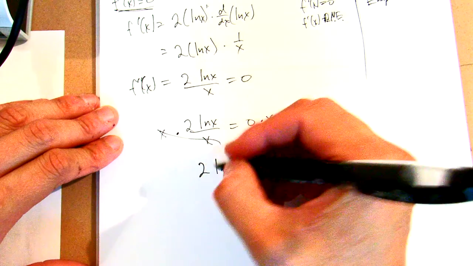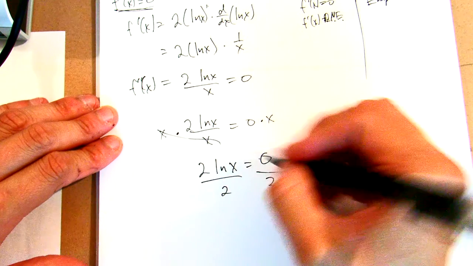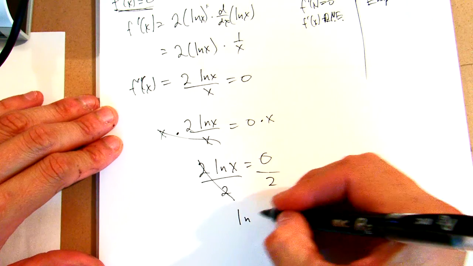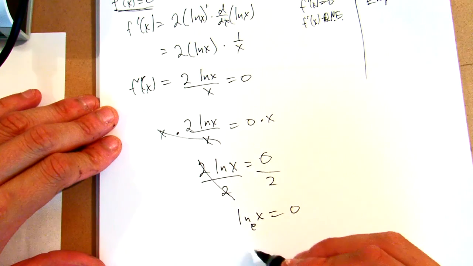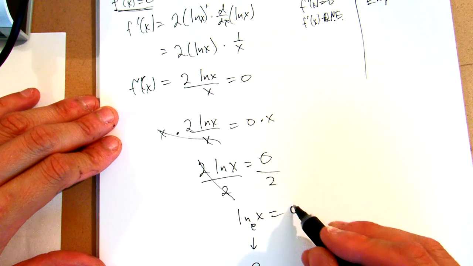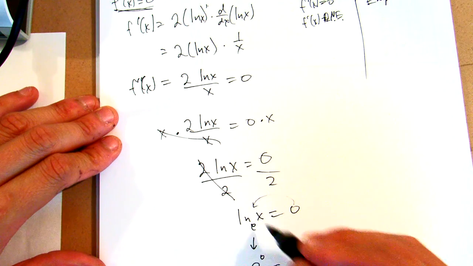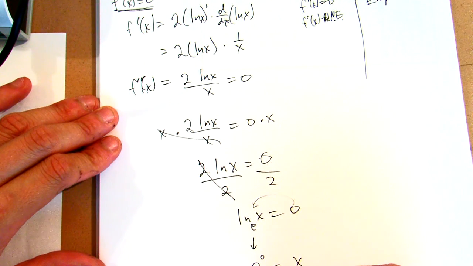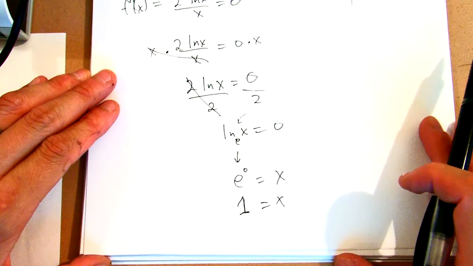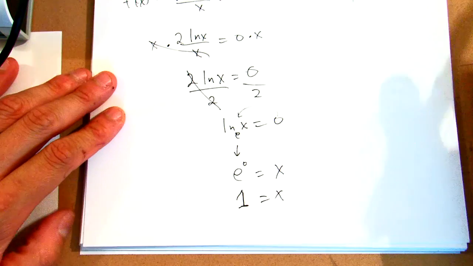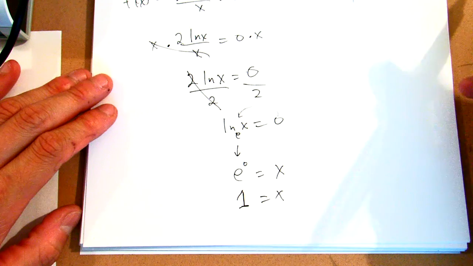Now I divide by 2, and then natural log of x is equal to 0. Now we transpose it, so base to the answer equals the middle, and e to the 0 is going to be 1, so x is 1. We have one critical value of x equals 1.